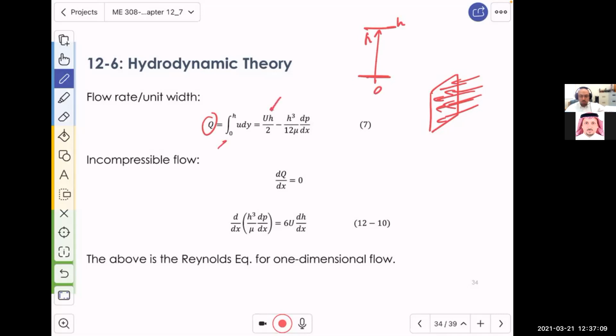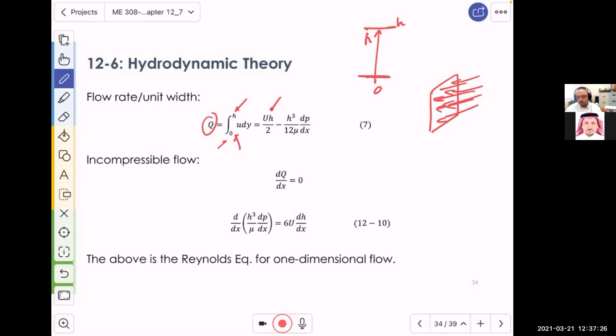This is a definite integral. You put y equals h and then minus y equals 0, the 2 limits of the integration. And then that's the trick.